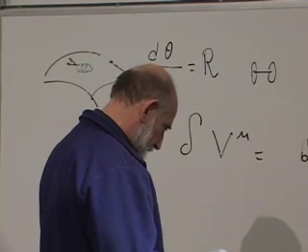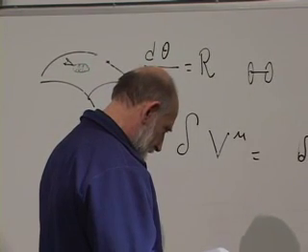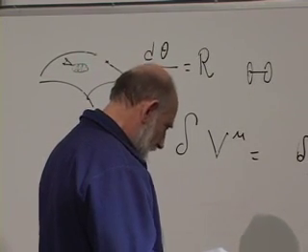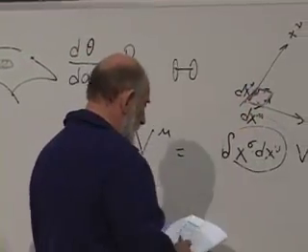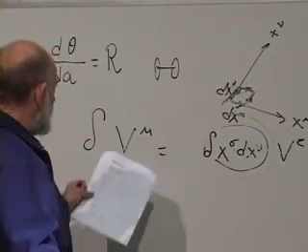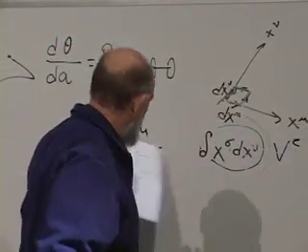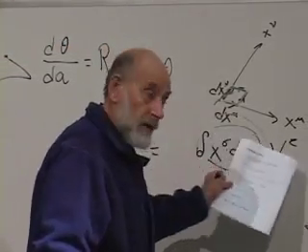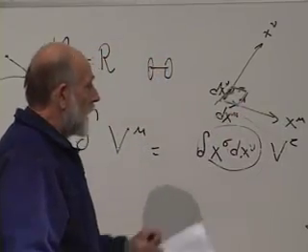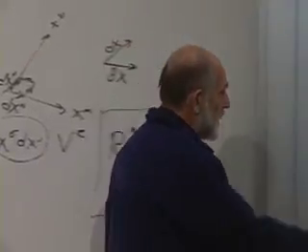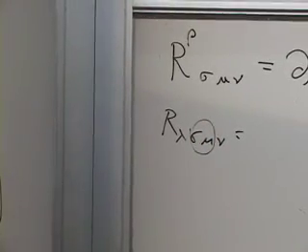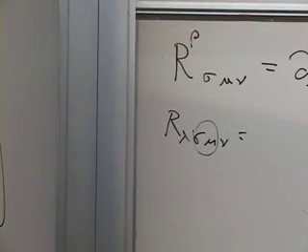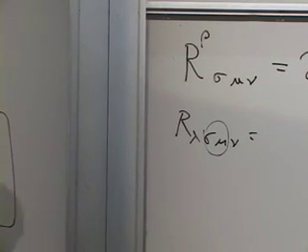Yes, the two middle indices have to do with the plane that you go around in, and the two outer indices have to do with the directions of the vector itself, how it rotates. The same is true here: the two inner indices have to do with the plane that you move around in.